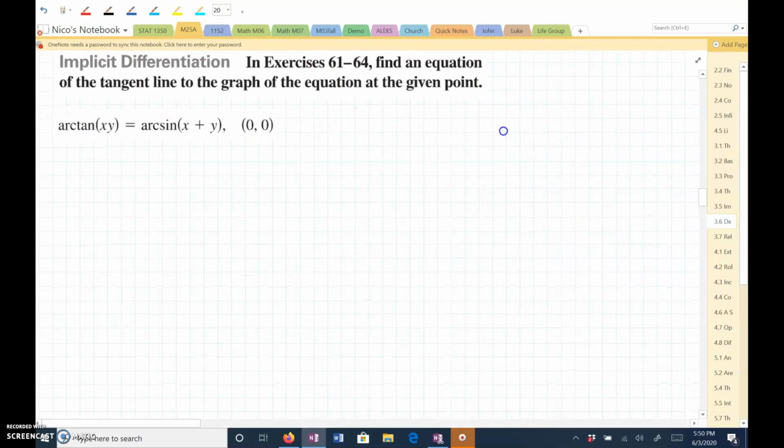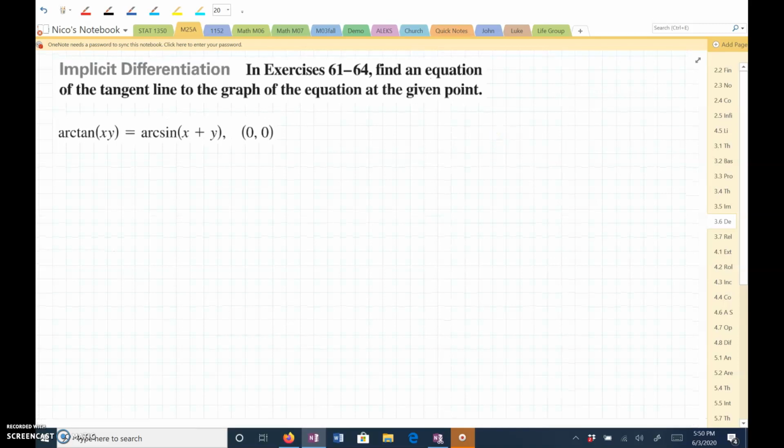All right. So let's look at this next example, explicit differentiation. Find an equation of a tangent line to the graph of the equation at the given point. So we have our equation here. We have a point. We want to find the equation of the tangent line at this given point going through this function.